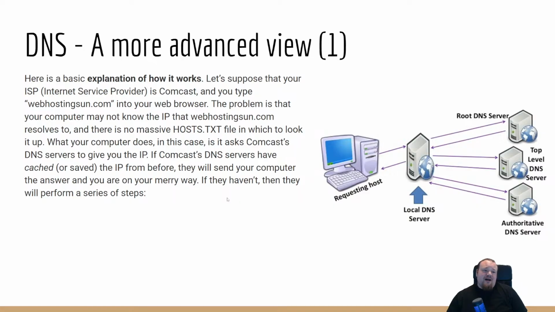A bit more advanced view of DNS is like this: you have a requesting host, you have a local DNS server, which is on most occasions at your ISP, and then there are root DNS, top-level DNS, and authoritative DNS servers. These are different kinds of servers you communicate with whenever you are interested in getting to the actual IP address of the address you are requesting.